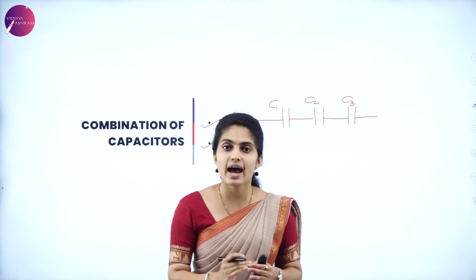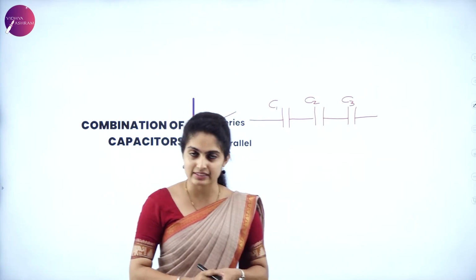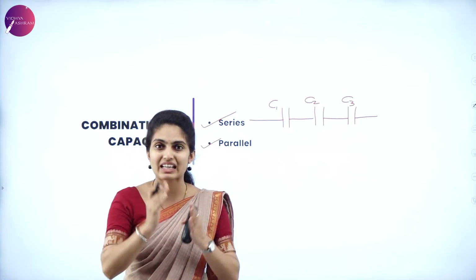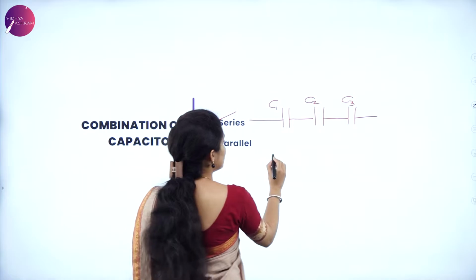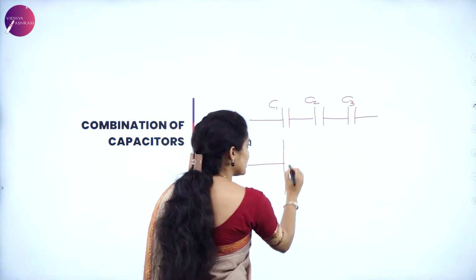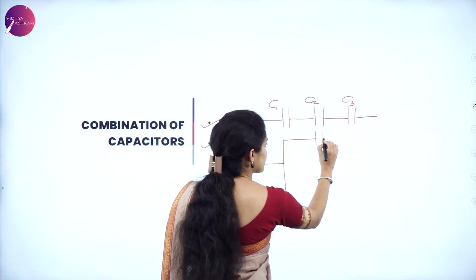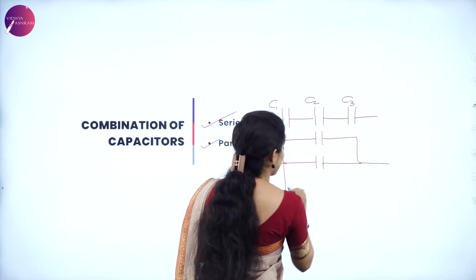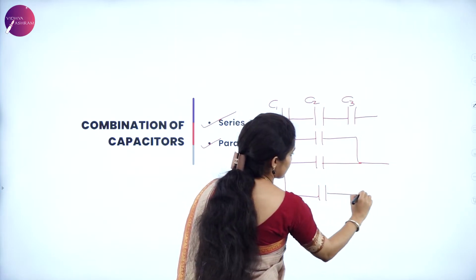Next is parallel combination of capacitors. Parallel means one below the other or one beside the other. So in parallel, this is the main connection, and you have the first capacitor, the second one and the third capacitor.